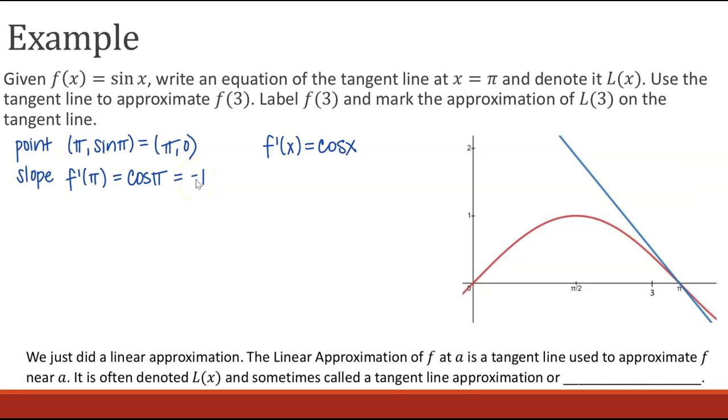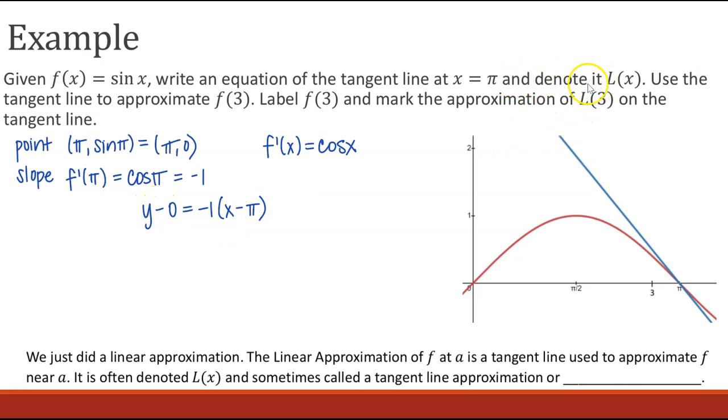So our equation of a tangent line is y minus 0, y minus y1, equals slope m, -1, times x minus x1, which is x minus pi. So here is our equation of a tangent line, but we want to solve it for y. Here it's nice because this is just minus 0, so it's basically solved for y, but if there was a value here, we would want to add it to the other side.